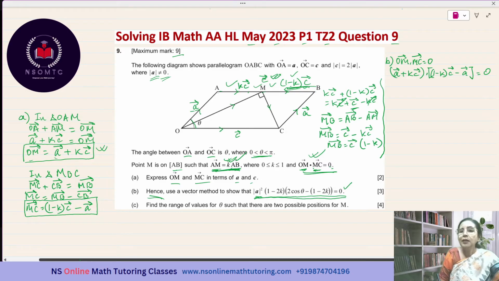Okay. And this is a vector, this is a vector, and 1 minus k is basically nothing but a number. It is a scalar. So since I have to multiply these two vectors, we can either do a dot product or the cross product.